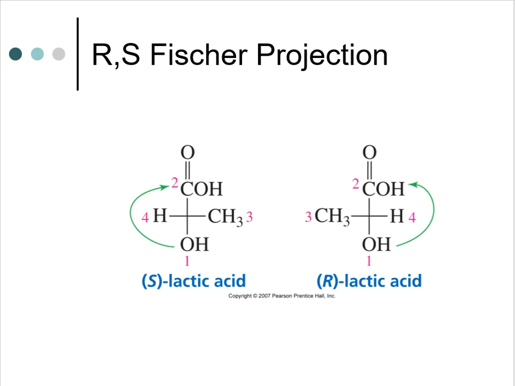So here's lactic acid to the left and lactic acid to the right, right? It's the same number of carbons, same number of hydrogens, same number of oxygens. It is attached in the same exact way, so therefore they both are lactic acid. The only difference is that there's a chiral carbon in the center, and that's where it's located, and that chiral carbon points the groups in different directions. That's the only difference between these 2 molecules. So we have an R and we have an S form.